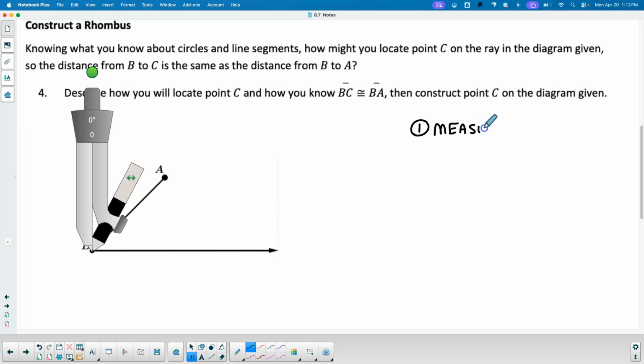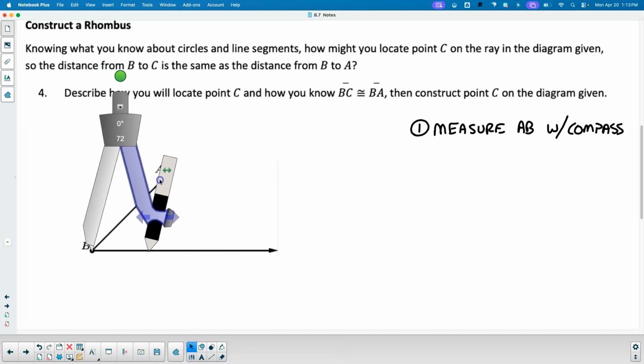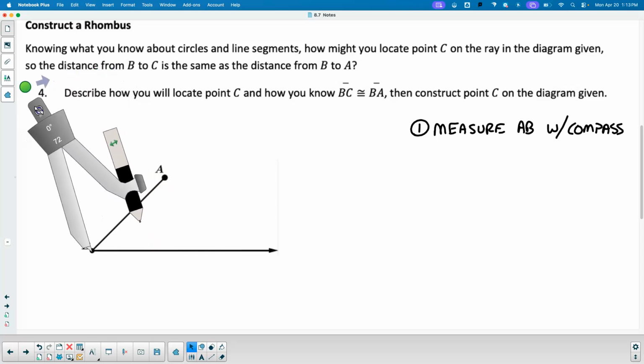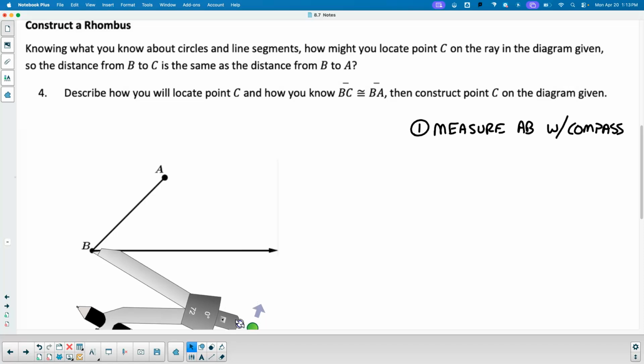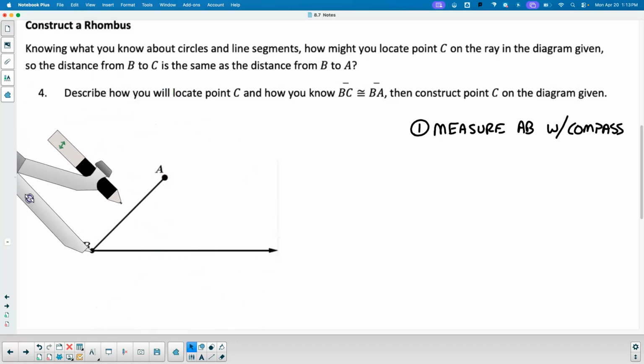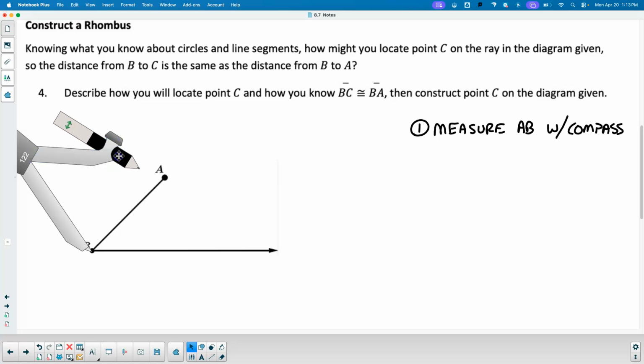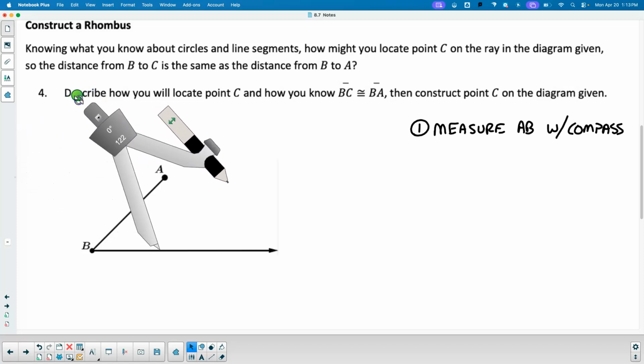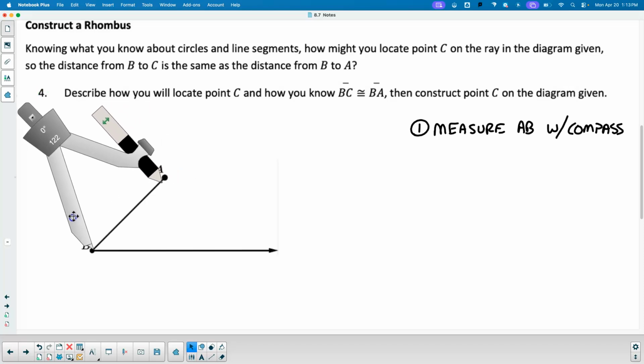measure side length AB. Okay? Got it measured?